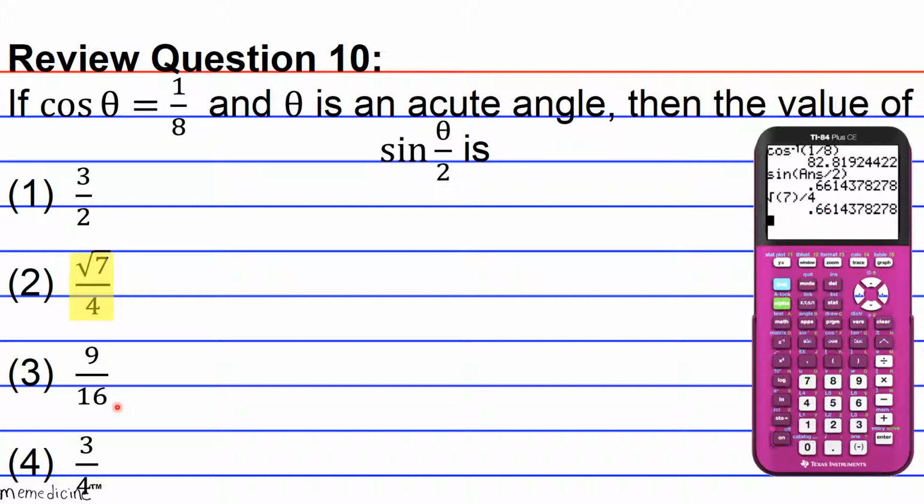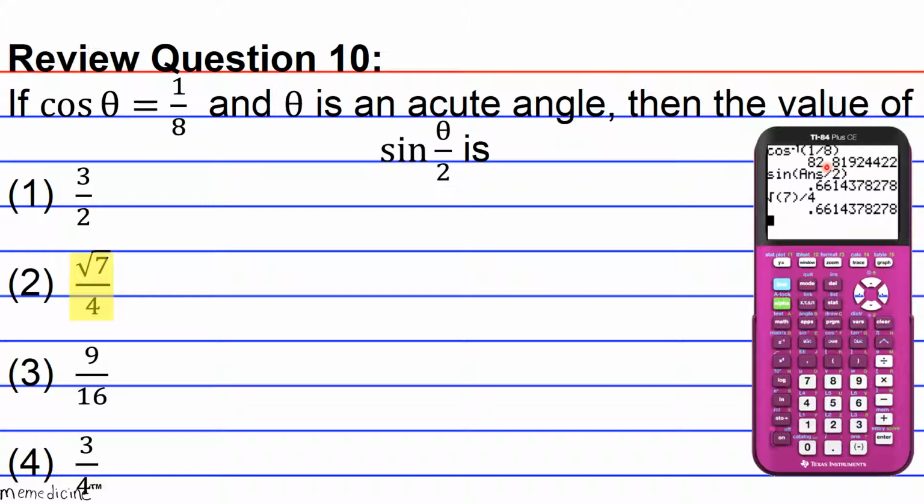So basically what you'll have to do is plug and chug the given answer choices until you can match them with 0.66 blah blah blah. Okay, and so you find out that when you input answer choice 2, the square root of 7 divided by 4, and you go ahead and hit enter. So you're going to basically get the correct answer choice.